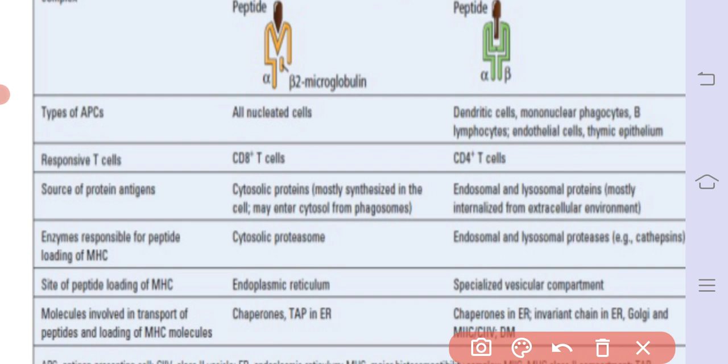Then the next point is the source of protein antigens. For MHC class I molecule, the antigen is endogenous. A viral antigen or a tumor cell itself acts as an endogenous antigen. These are processed within the cytosol by a proteasome.